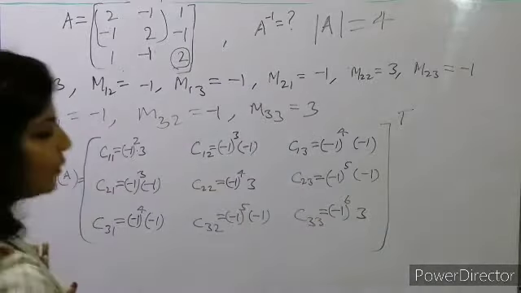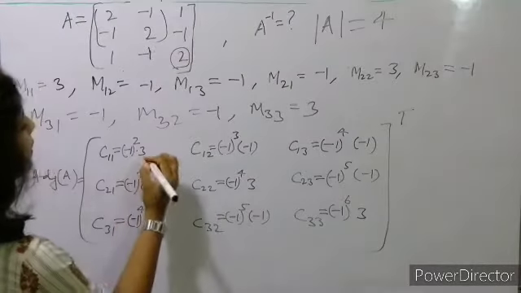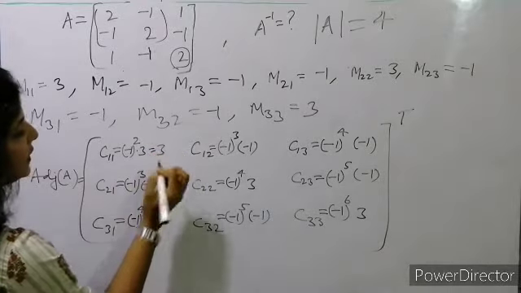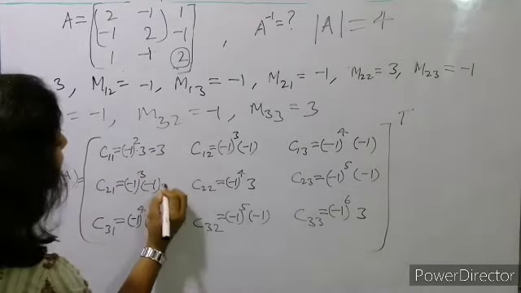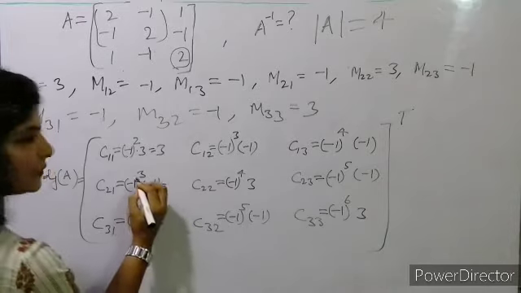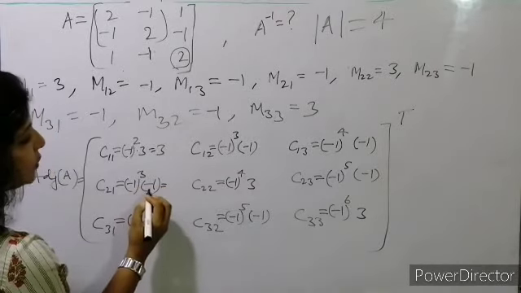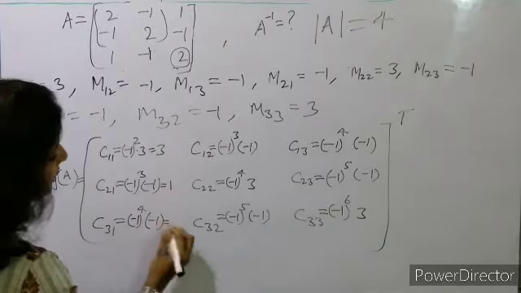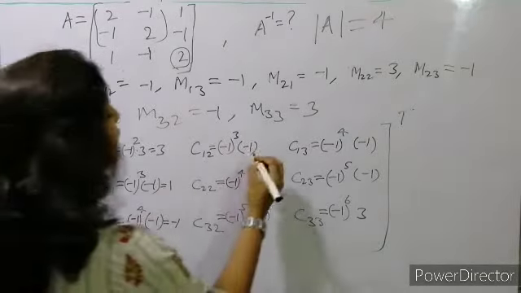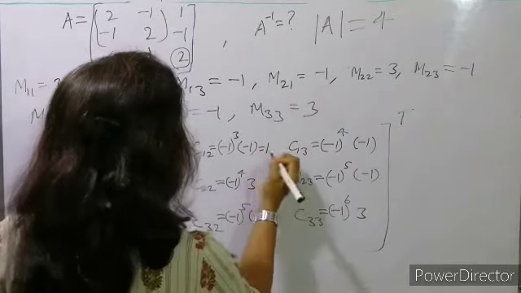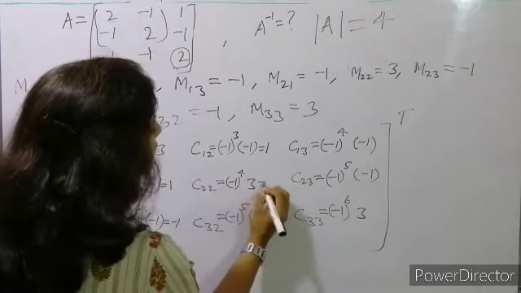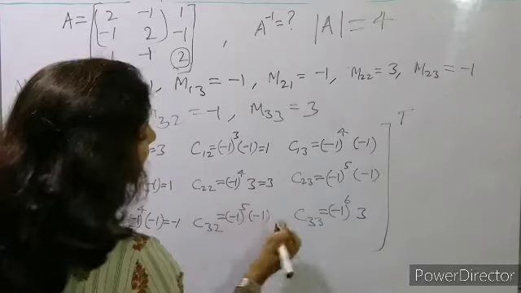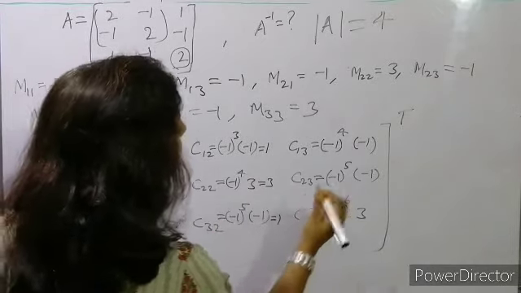Okay, so now we'll write the values. Minus 1 to the power 2 is plus 1. So it will be 3. Now this will be minus 1. So minus 1 into minus 1 plus 1. Minus 1 to the power 4 is plus 1, so 3. Minus 1 to the power 5, that means minus 1 into minus 1, 1.